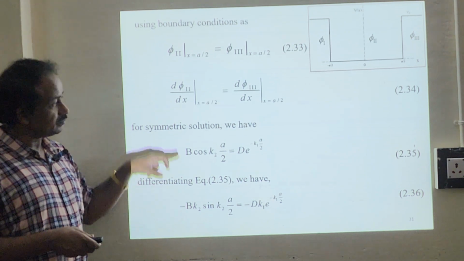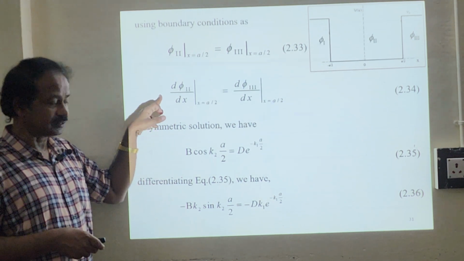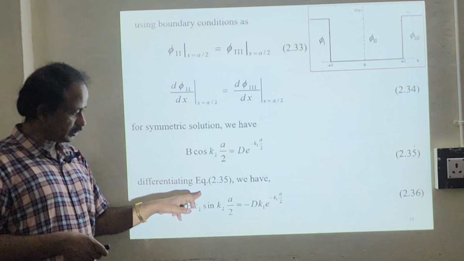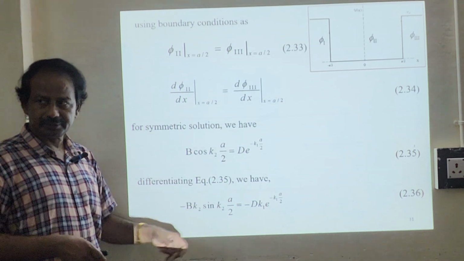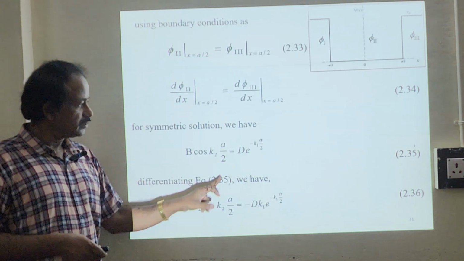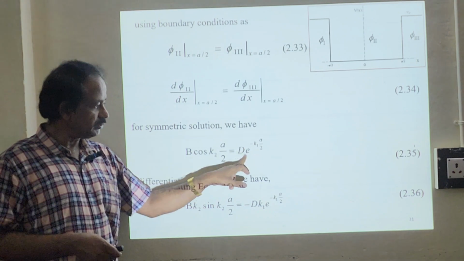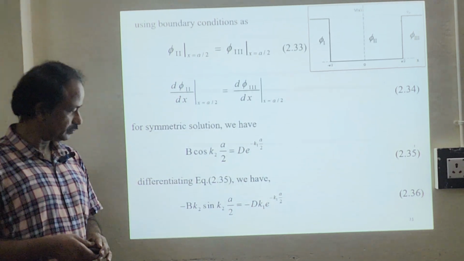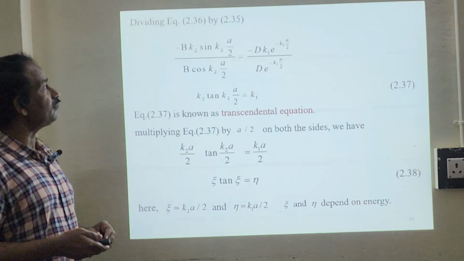Now you differentiate to go for the second boundary condition. That will give you minus B k2 sin k2 a by 2, because cos gives a minus sign, equal to minus D k1 e power minus k1 a by 2. This minus will go off.